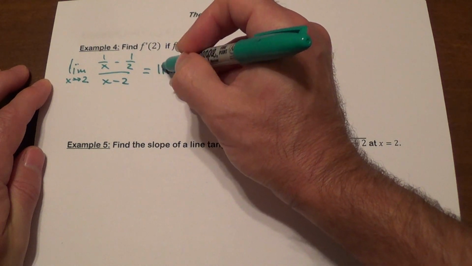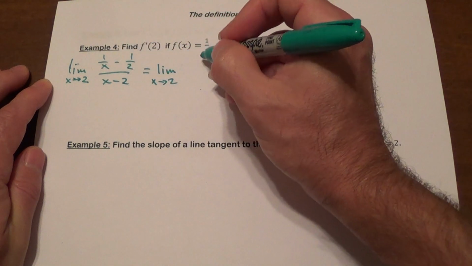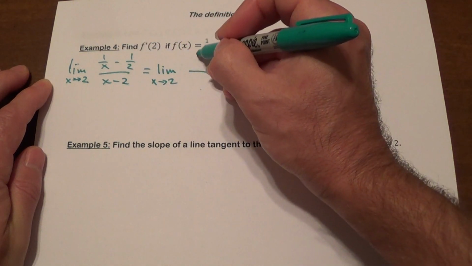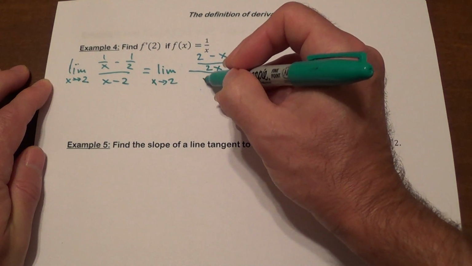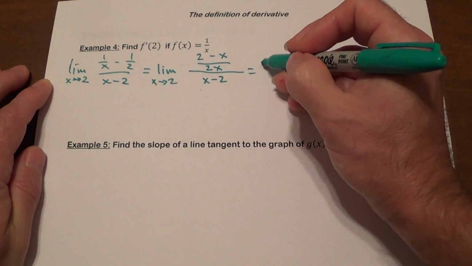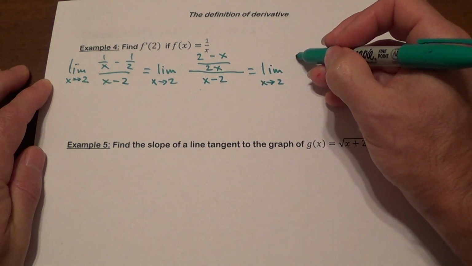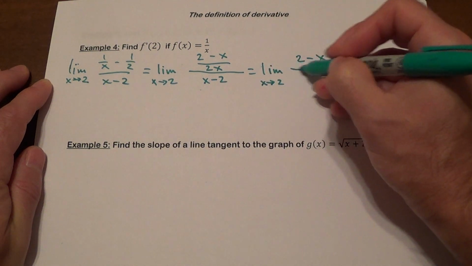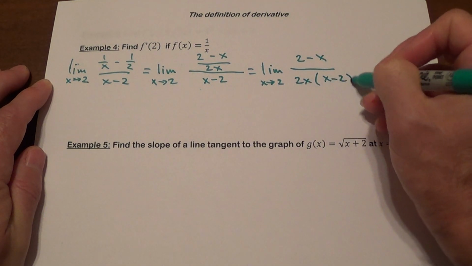So we have limit as x approaches 2. So when we simplify the numerator, it's going to be 2 minus x over 2x divided by x minus 2, which in turn I can rewrite as 2 minus x in the numerator over 2x times x minus 2.